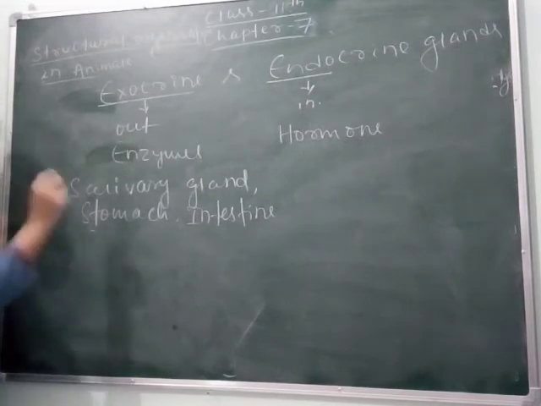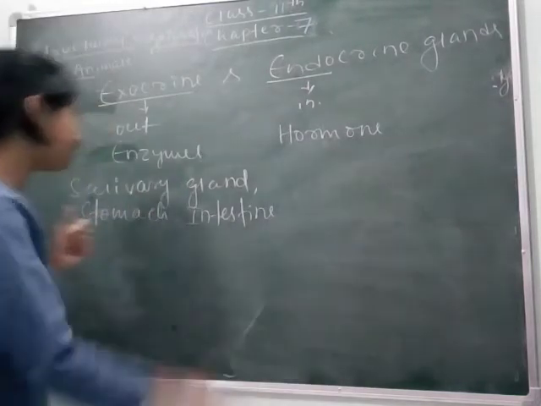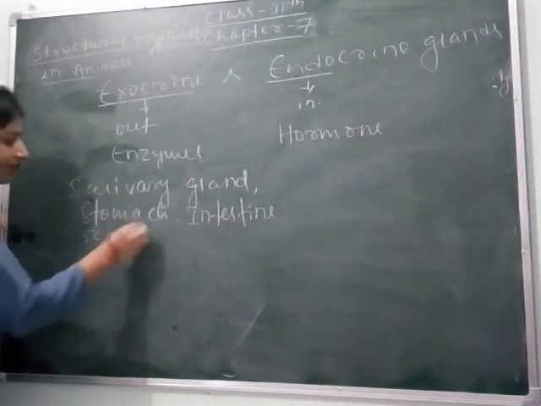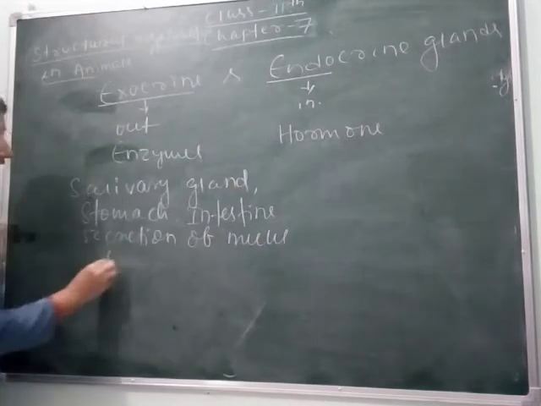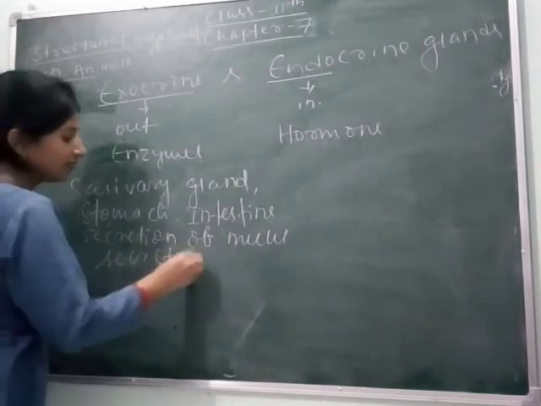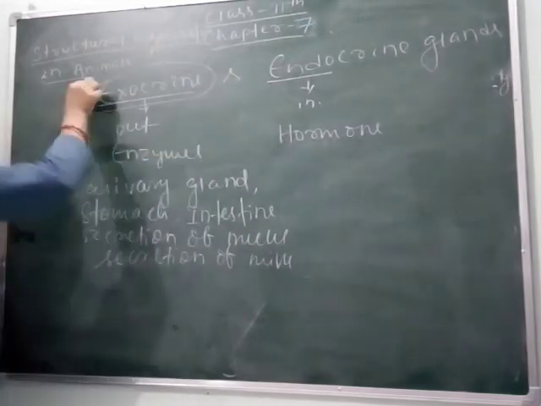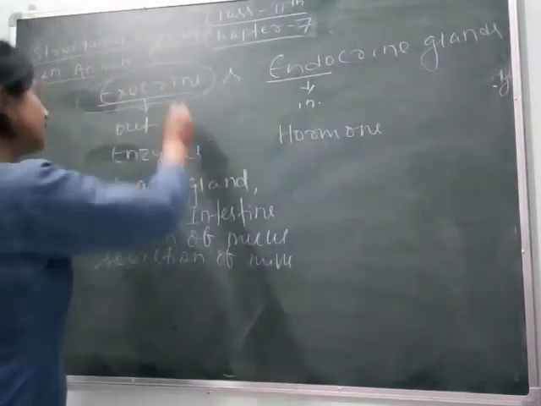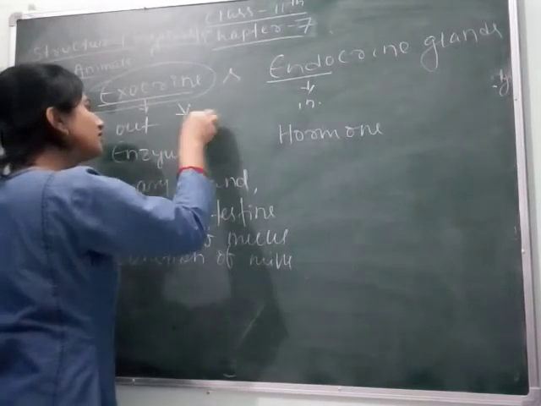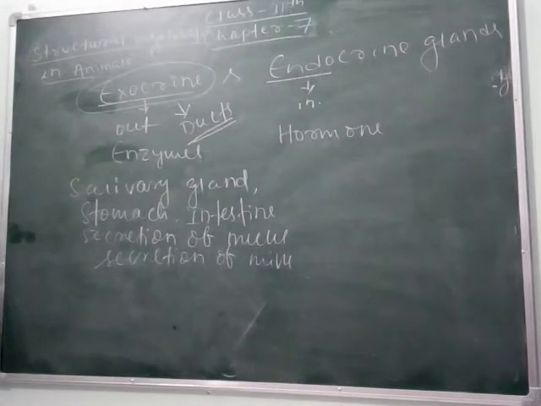Besides these glands, there are some more glands also, like secretion of mucus, secretion of milk from the mammary gland, etc. This occurs through the exocrine glands. It means that the secretion is poured outside and they have ducts. Exocrine glands have ducts, and through these ducts the enzymes are carried to different parts of the body.